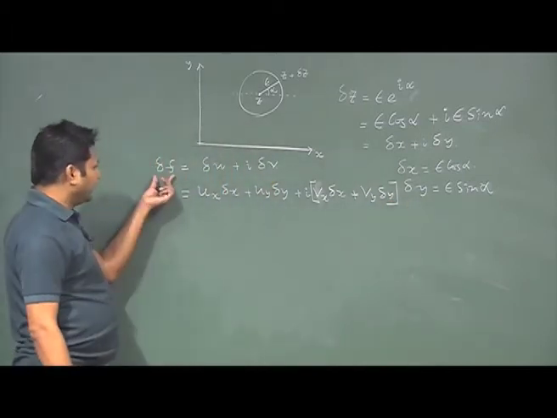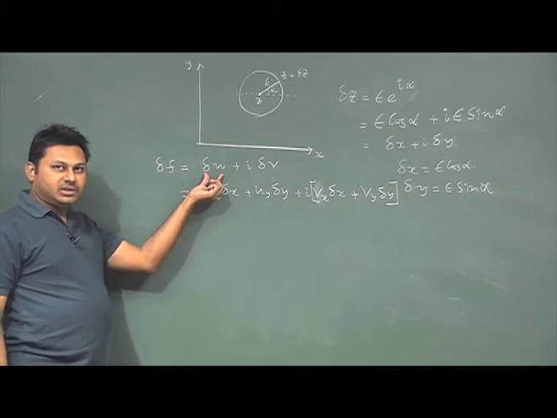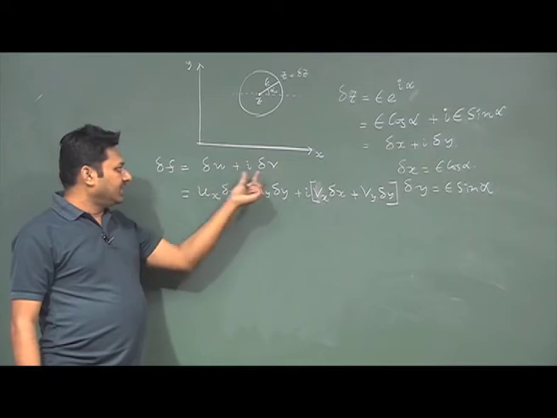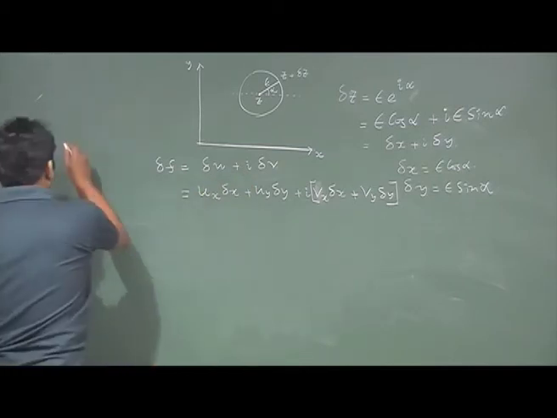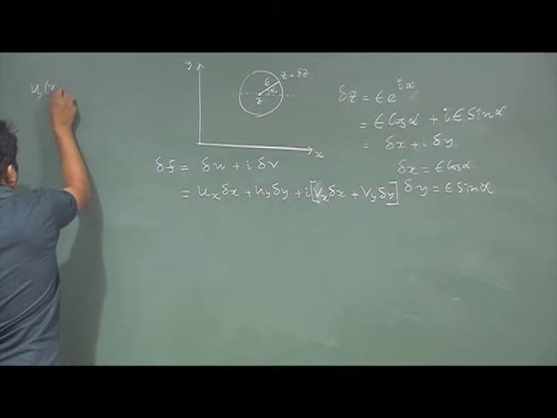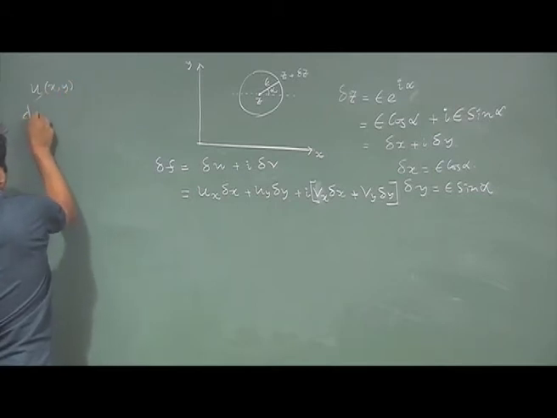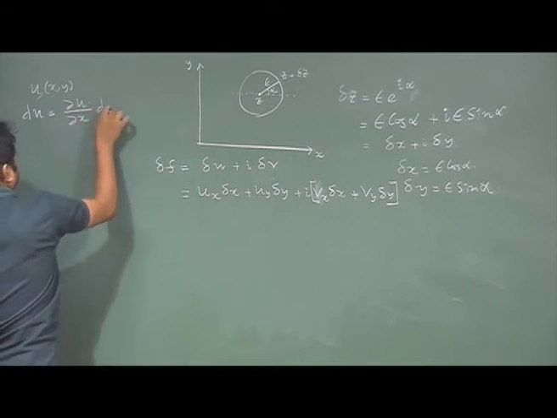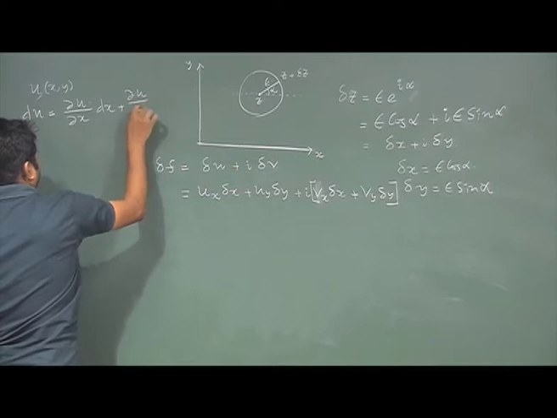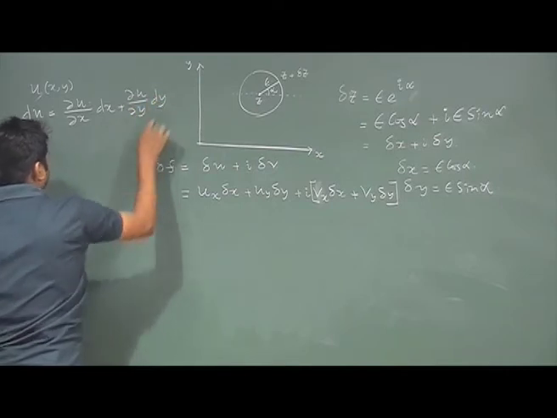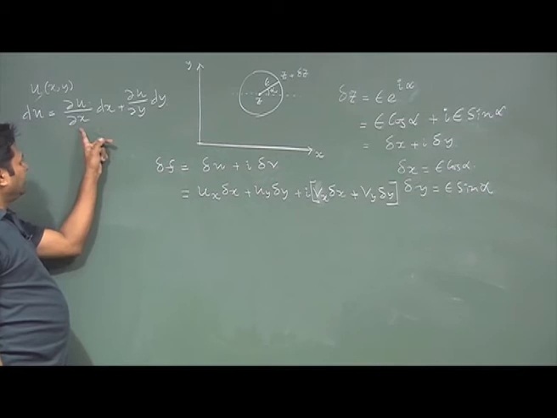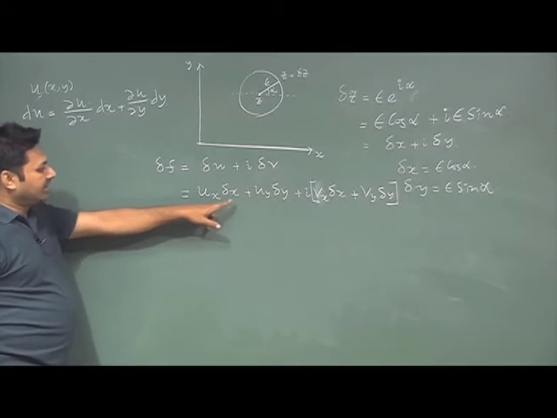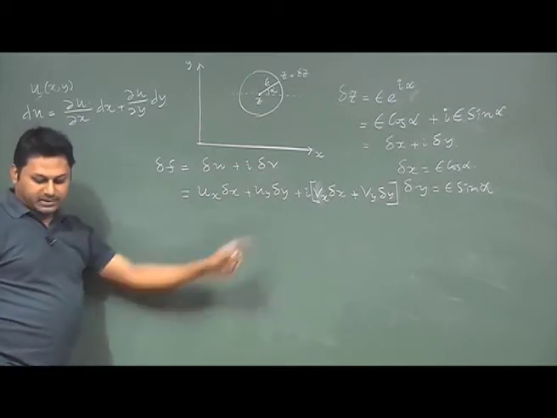I just expand delta f, the small change delta u and small change delta v, which are functions of x and y. I believe all of you are aware of this. If u is a function of x and y, then du can be represented as del u del x dx plus del u del y dy. I am using this simple thing here, where del u del x is u_x, the partial derivative with respect to x, and similarly with respect to y, times the increment.